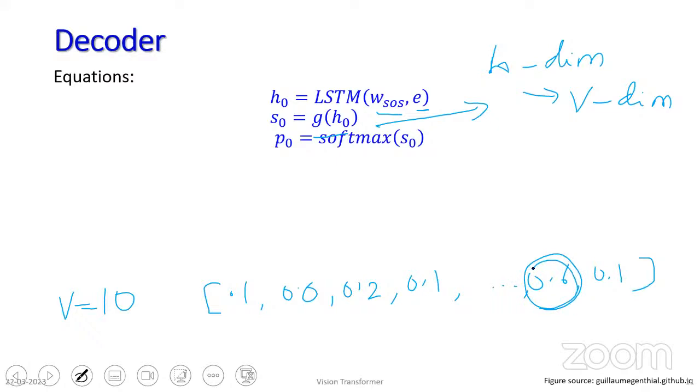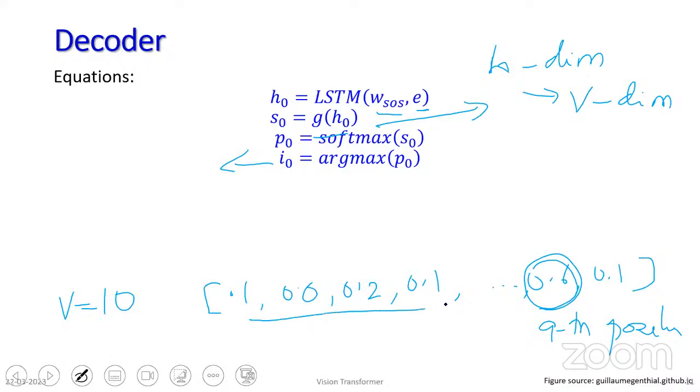If I look at the 9th position, for example, if V is 10, at the 9th position I'm getting the highest value. Next, I0 is the arg max of P0. That means the argument maximizing the probability of occurrence of a word.